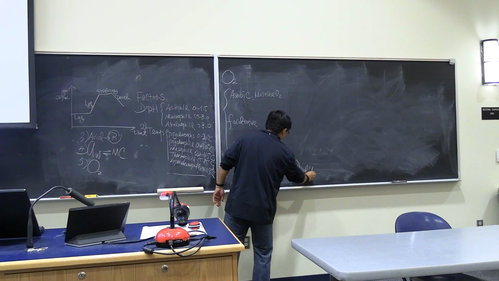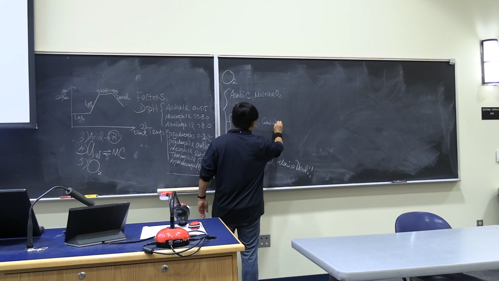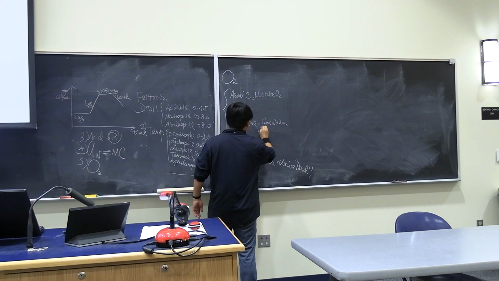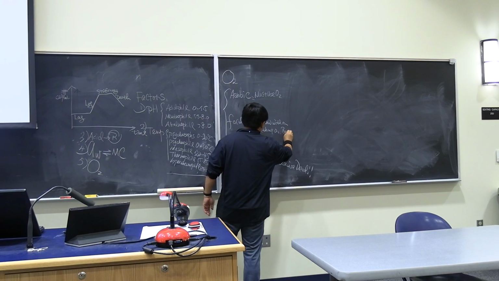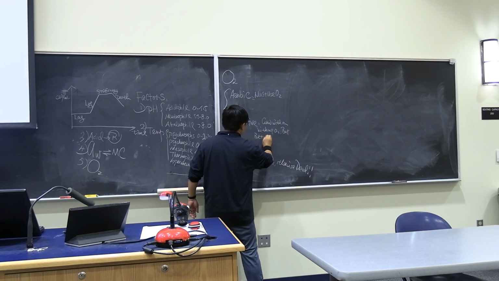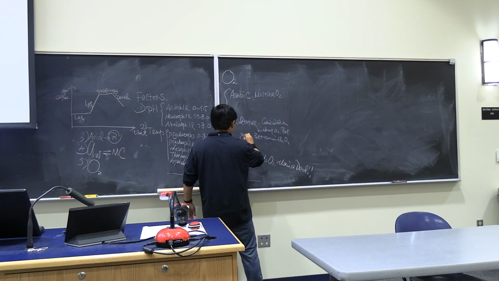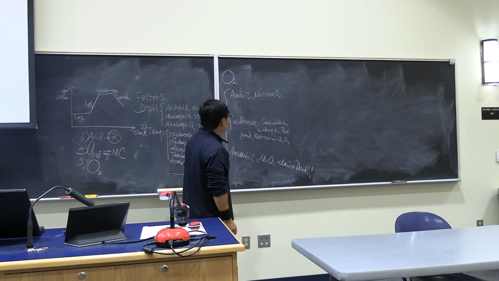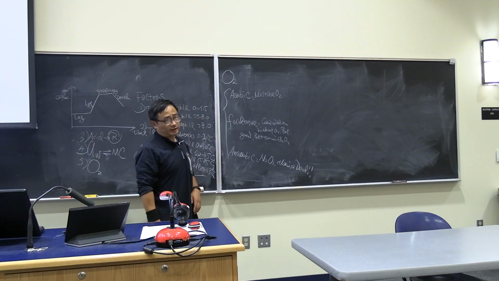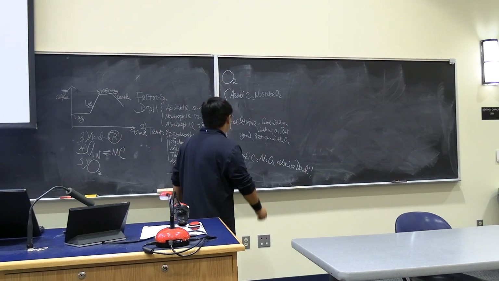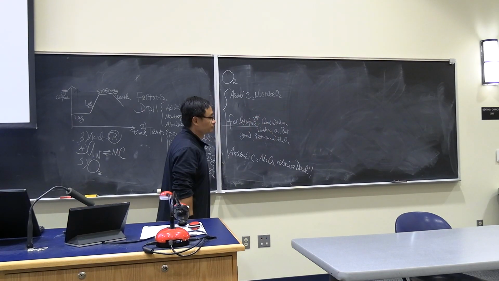Said very simply. Facultative: grow with or without oxygen, but grow better with oxygen. Aerobic bacteria like Pseudomonas, anaerobic bacteria like Clostridium. Facultative: the majority of foodborne pathogens are facultative.